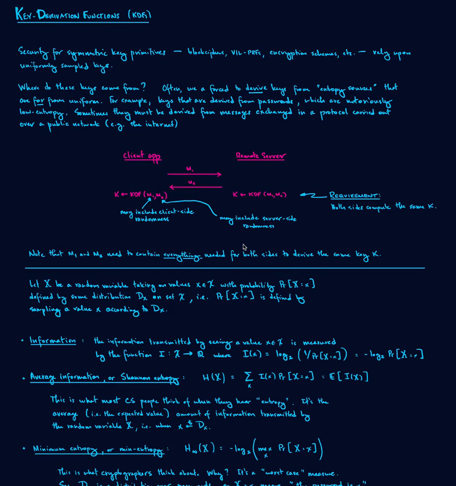In particular, we often will have these entropy sources. On some systems, this will be like the timing between packets arriving at your network interface, or movements of the mouse, time between key clicks. Things like this are what we call entropy sources, but they're not likely to be uniform sources.